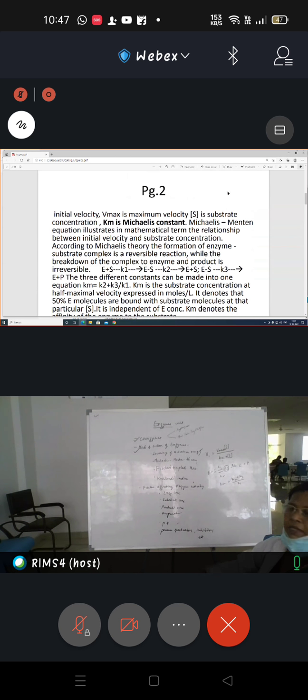The three different constants can be made into one equation, which is equal to K2 plus K3 divided by K1.